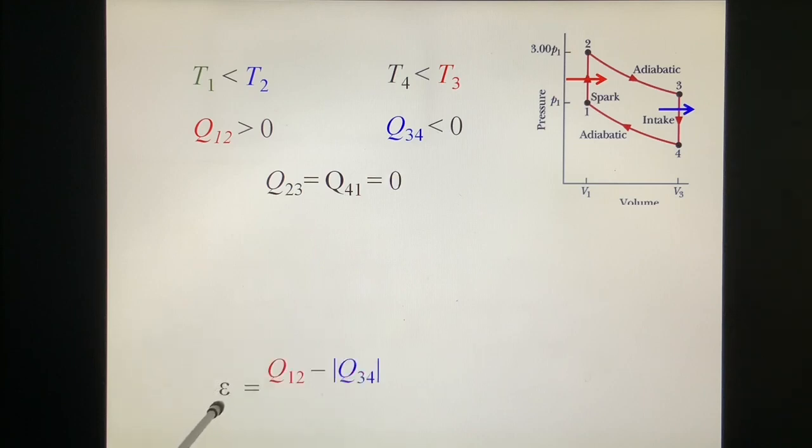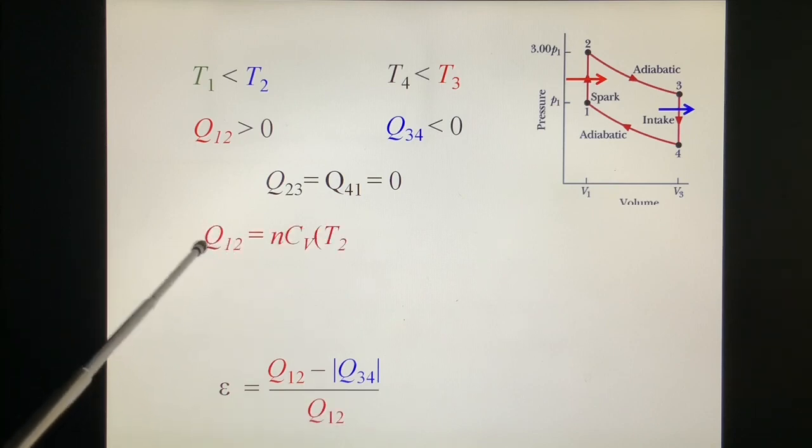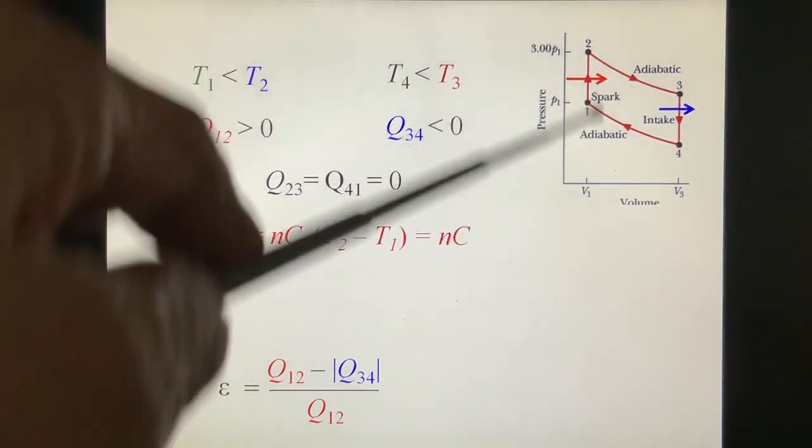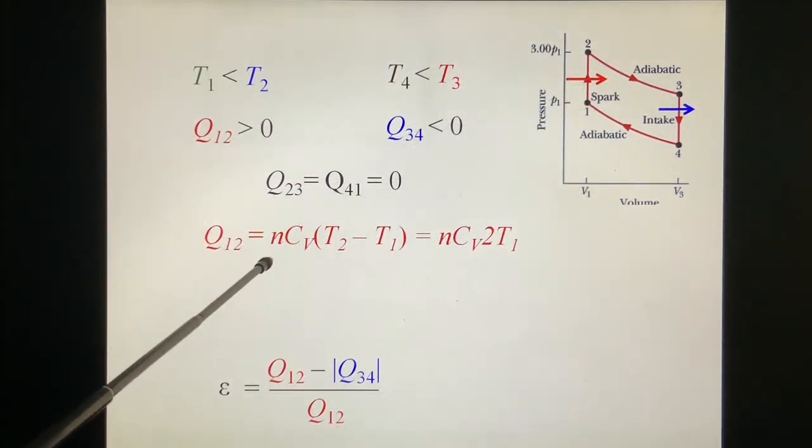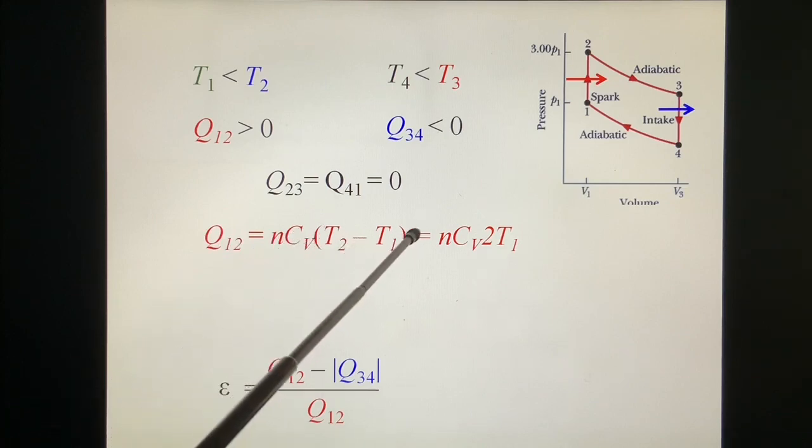We know that the efficiency epsilon equals Q high minus Q low over Q high. Now we find this one. Q12 is constant volume, so it equals n Cv times T2 minus T1.